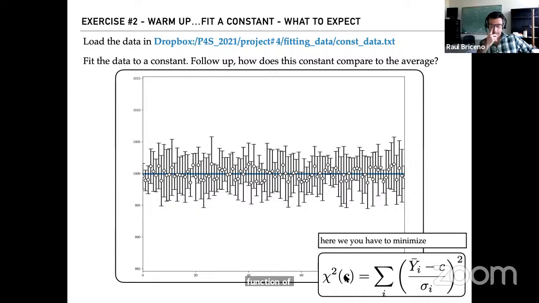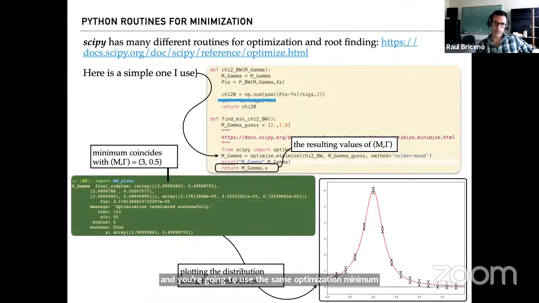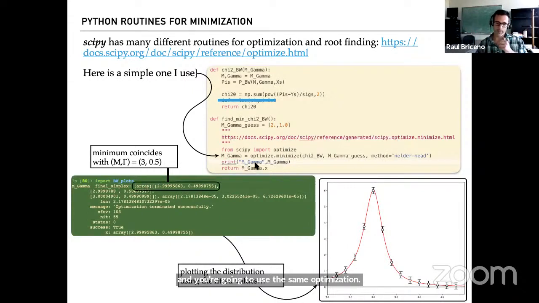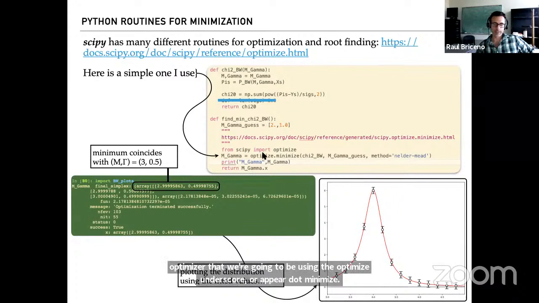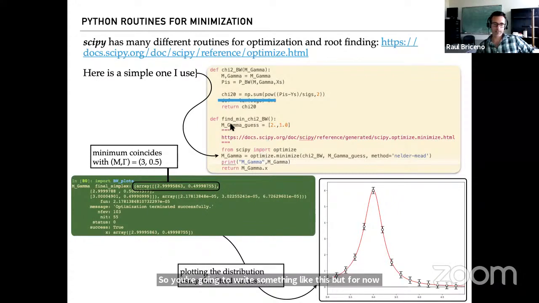Sorry, my Siri started talking. And you're going to use the same optimization minimizer that we used in here. This is an existing Python optimizer that we're going to be using, optimize.minimize. So you're going to write something like this, but instead of a 2-parameter case, a 1-parameter case.